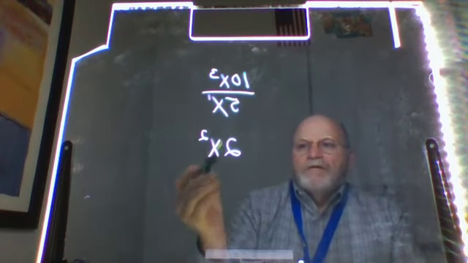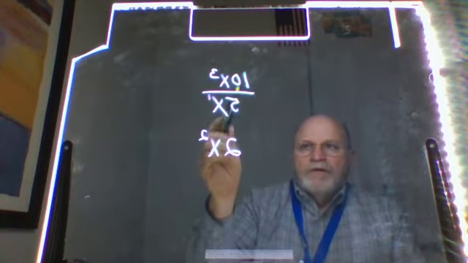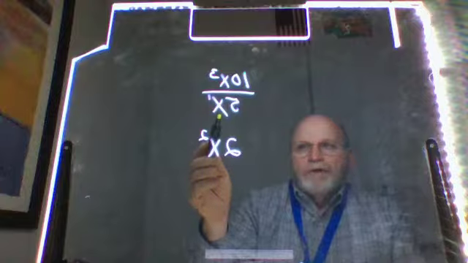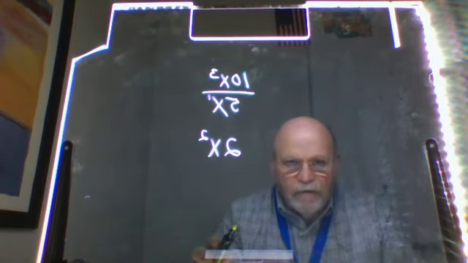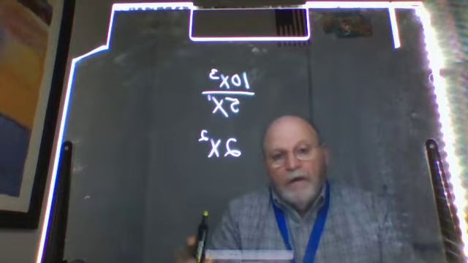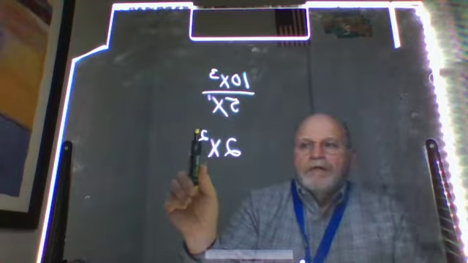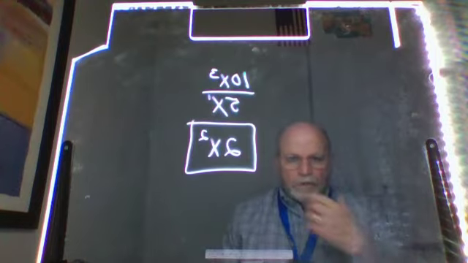And what's left in the denominator is a 1, well, not even that, because we just got rid of everything. So the denominator is no longer there. There is a 1, but we don't write it. So this is our answer for that simplification.